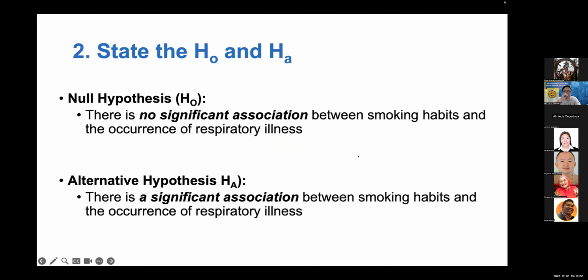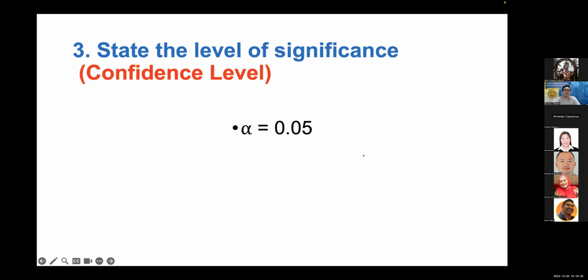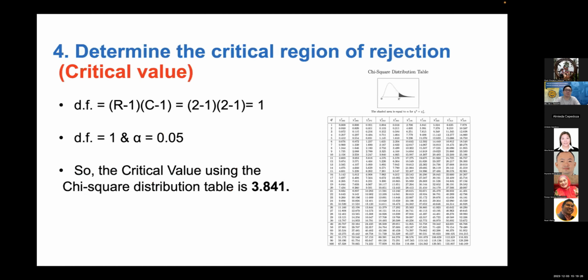We were given a null hypothesis of no significant association, and an alternative hypothesis stating that there is a significant association between smoking habits and the occurrence of respiratory illness. And again, our confidence level is at alpha equals 0.05.